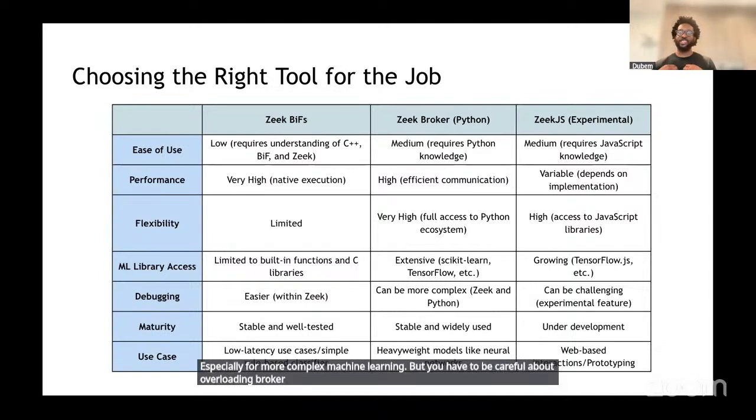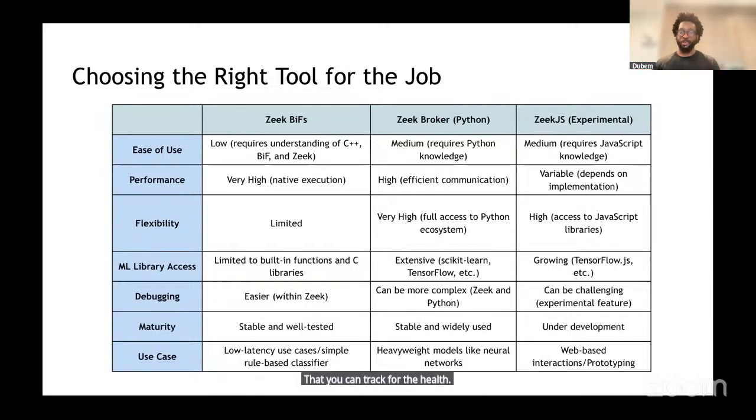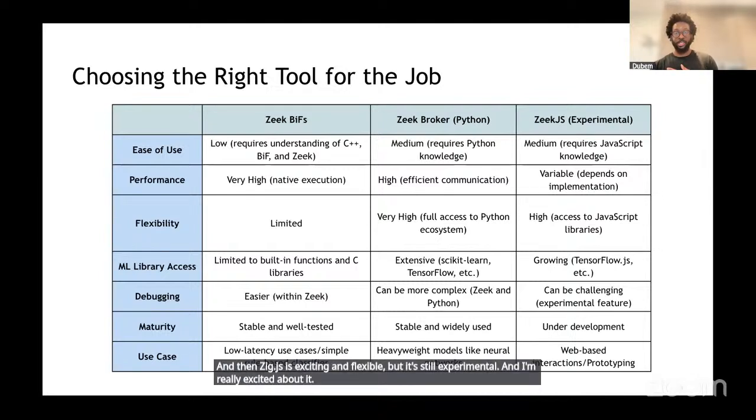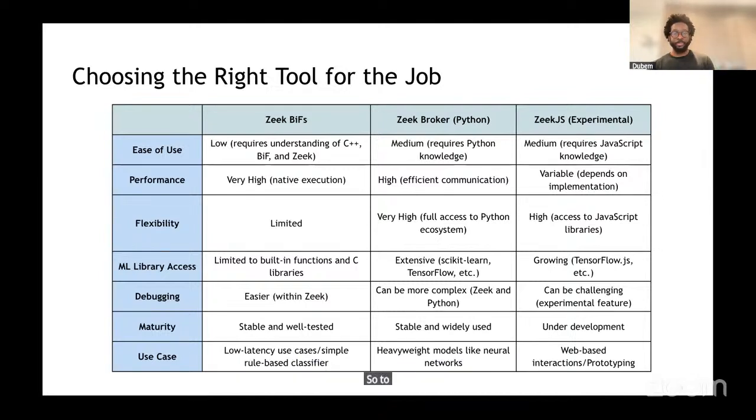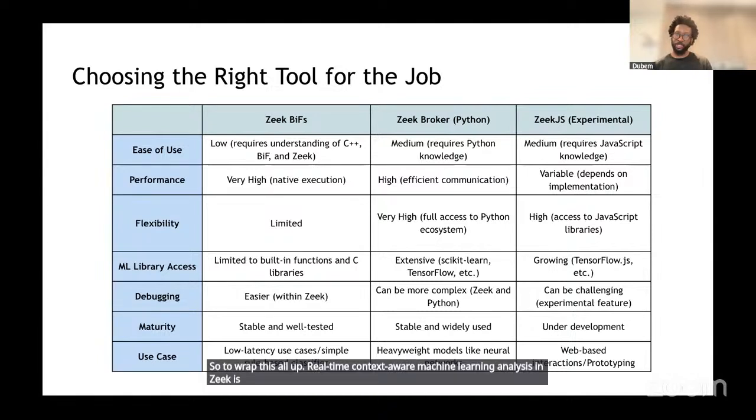My advice is to have every bit of your system just oozing metrics that you can track for the health of the entire system. And then Zeek.js is exciting and flexible, but it's still experimental, and I'm really excited about it. So to wrap this all up, real-time context-aware machine learning analysis in Zeek is a significant force multiplier.